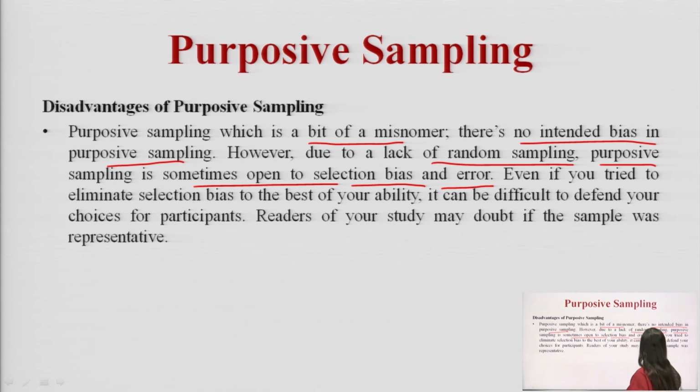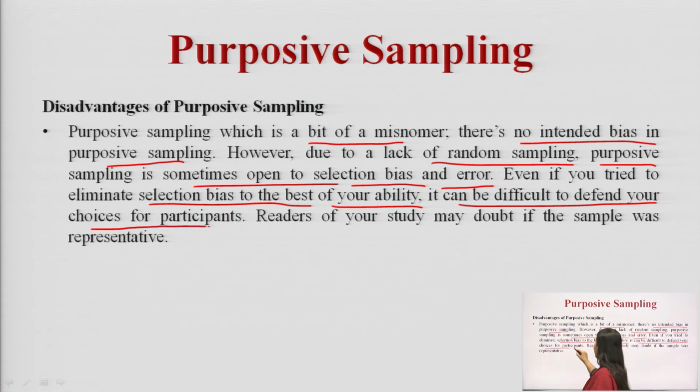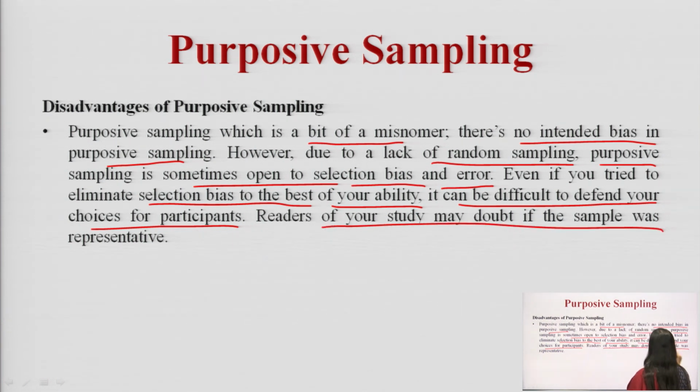And even if you try to eliminate the selection bias to the best of your ability, it can be difficult to defend the choice of your participants. Even if you try to minimize the error, it may be hard for you to defend your choice of participants, and the reader of your study may doubt if the sample was representative.